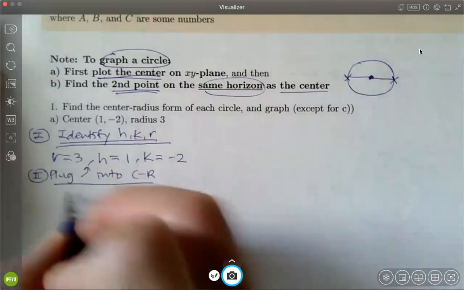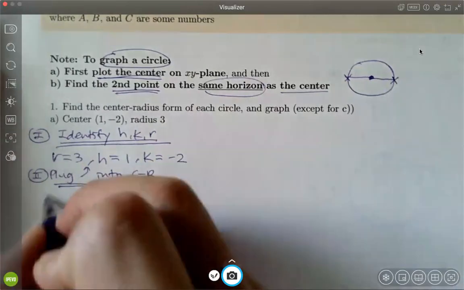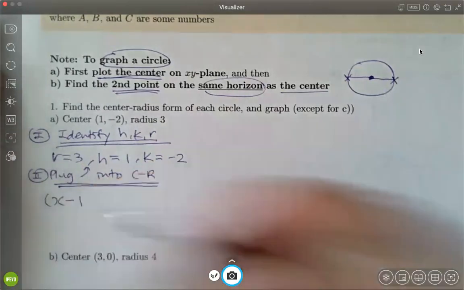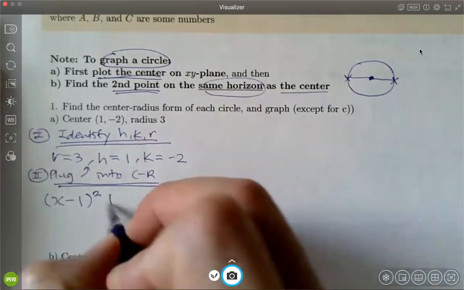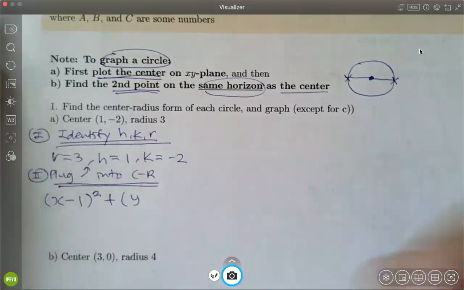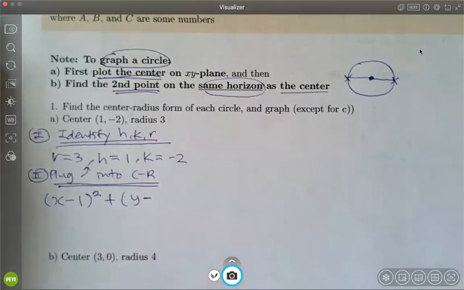Okay, so now let me use CR for the center radius form. Okay, so what do you have? X minus H, which is 1 squared, and then plus Y minus K. Okay, so that means what? Y minus 2 or Y minus negative 2? Didn't you say it's always negative?